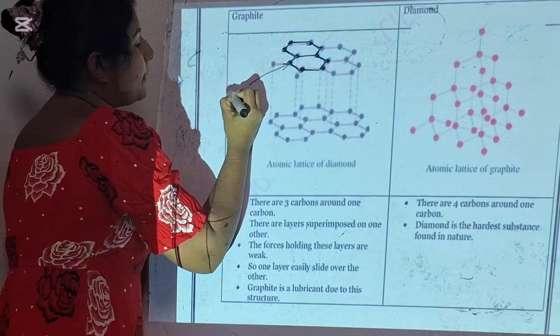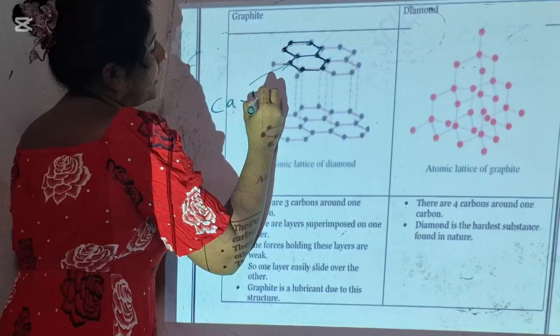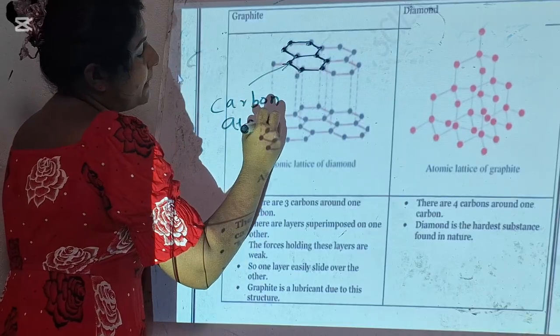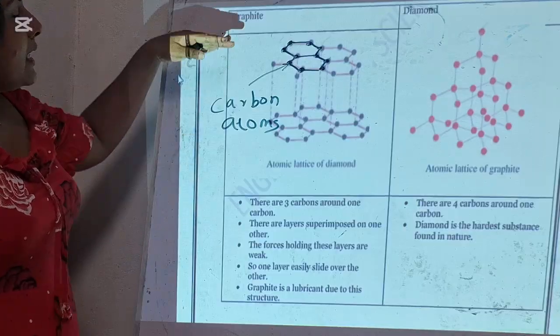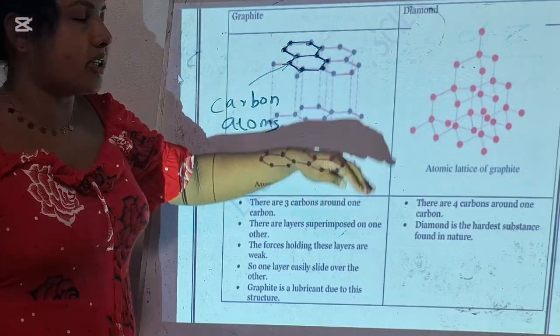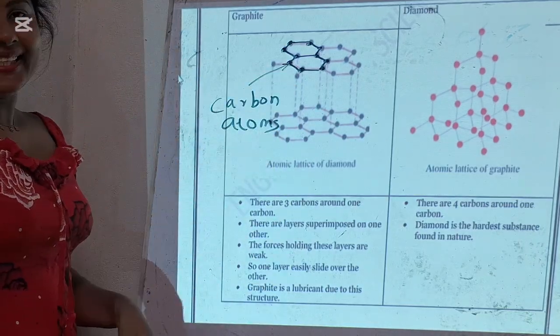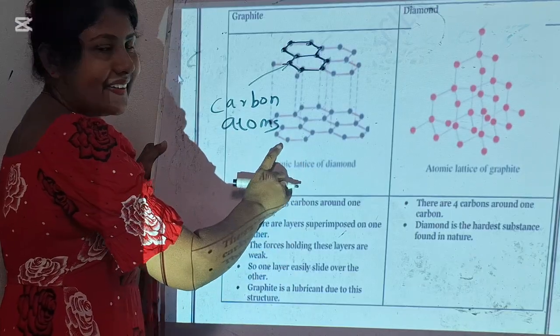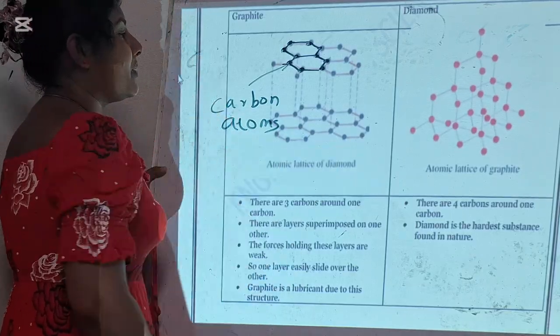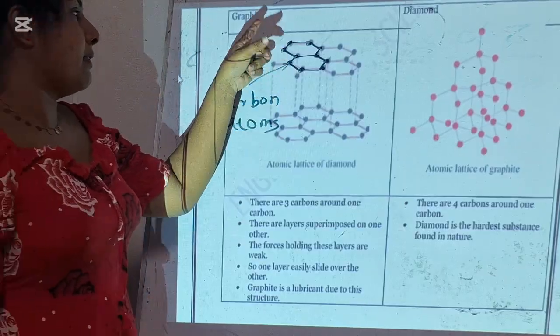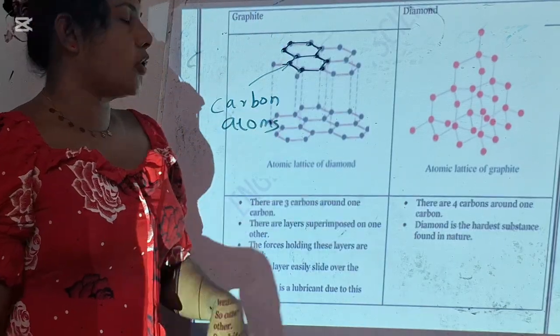You can see here there is a plane-like structure made of covalently bonded carbon atoms. Then the next one, the one above, is also a plane.